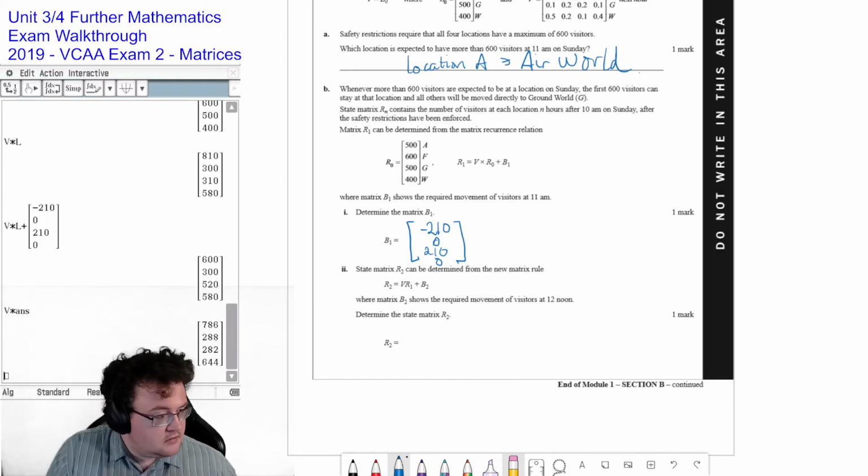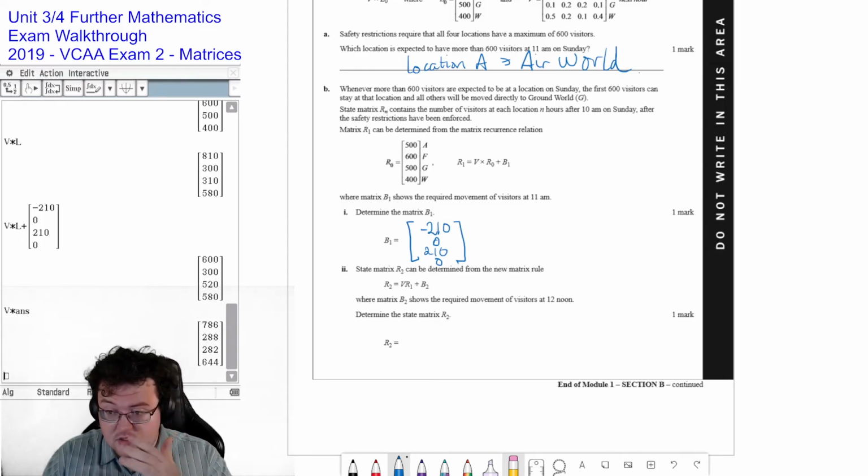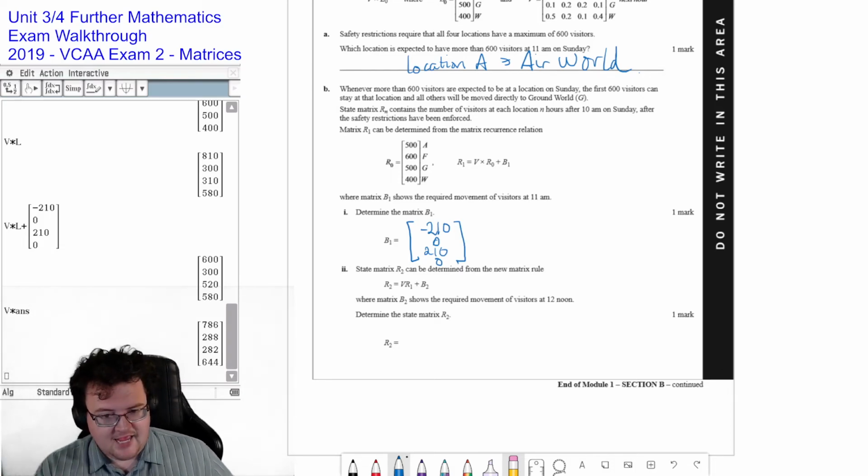And we get this arrangement here. So we have so many more people in A and W than we're allowed.